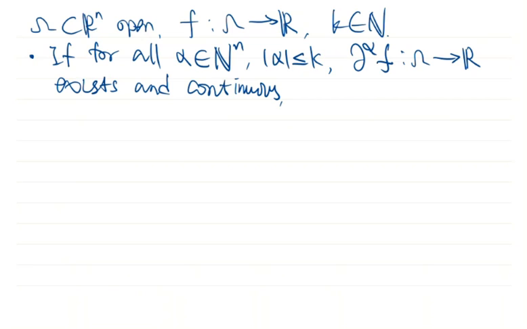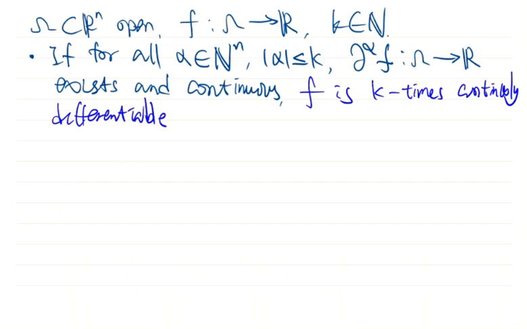Okay, then we say that f is k times continuously differentiable. And in notation we write f belongs to C^k of omega. In other words, we use C^k of omega to denote the set of all such functions.